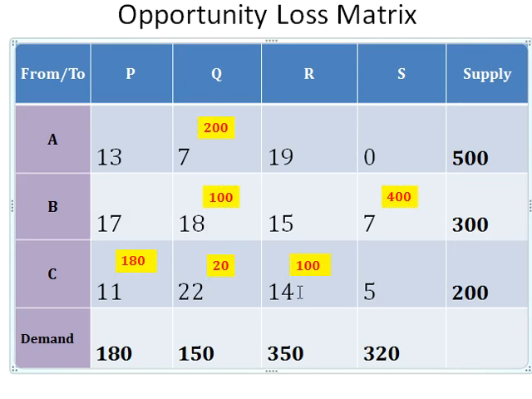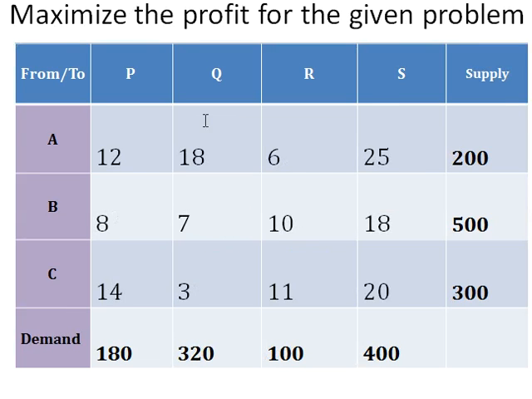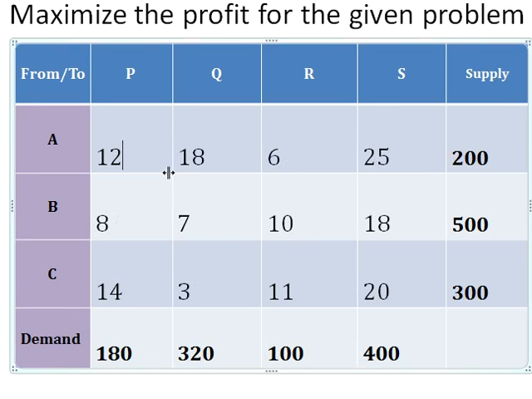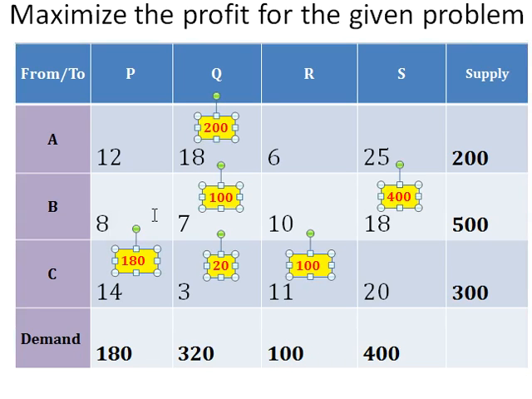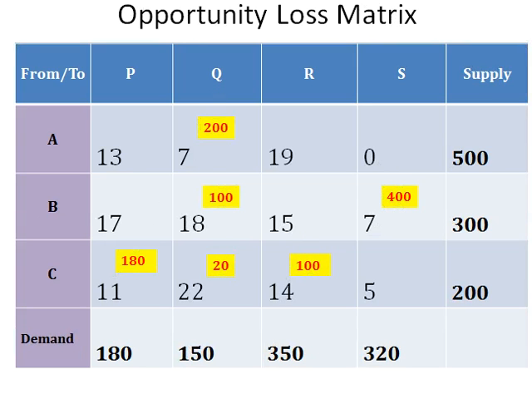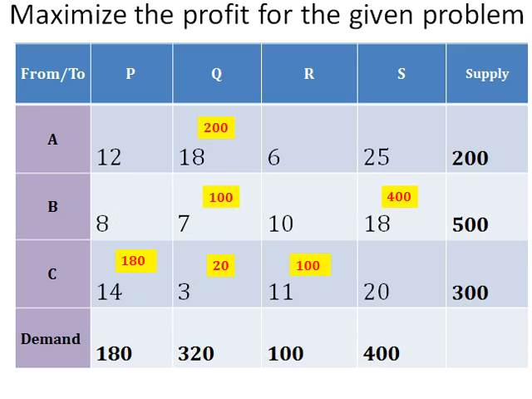Now, after getting this allocation, we need to put it into our original matrix that was stated in the given problem. So this original matrix will be allocated with the final answer that we obtained using the warm method. This opportunity loss matrix has no further usage, so our work with it is over, and this final allocation is transferred to our original matrix.